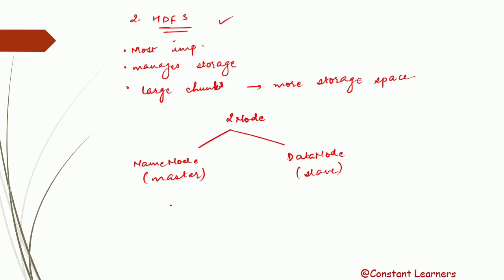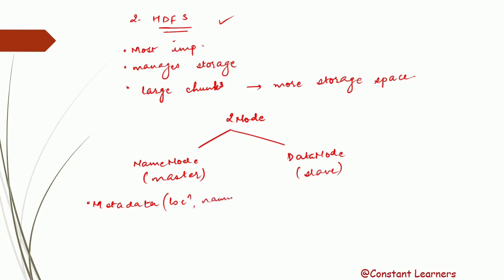Now name node, what does it do? It stores the metadata, that means data about the actual data. Like for example, whenever we store some file on our mobile phone or laptop, we have the location of that file, right?